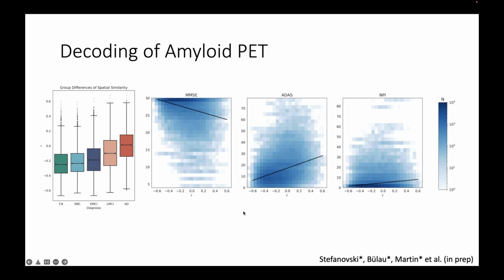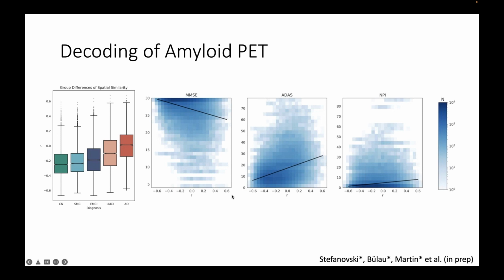And we also showed, just very shortly here, that we could relate it to amyloid PET, again, of the Alzheimer's Disease Neuroimaging Initiative, and could show that the correlation between amyloid PET and symptom maps, for example, memory and language and so on, was able to differentiate between the disease groups, but was also able to predict cognitive scores, so individual cognitive scores.